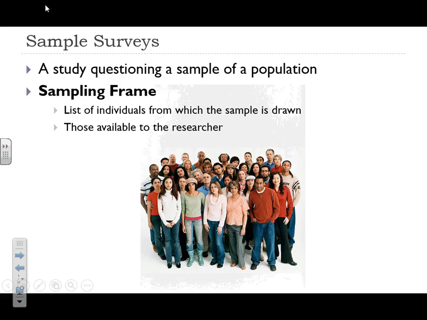Okay? For instance, when Gallup does a lot of their polls, a lot of times they generate their samples by randomly selecting phone numbers. Now, if we think about that, their population of interest is almost always, or in general, all adult U.S. residents, or all U.S. residents, right? But if they're only sampling from randomly generated phone numbers, who are their sampling frame?